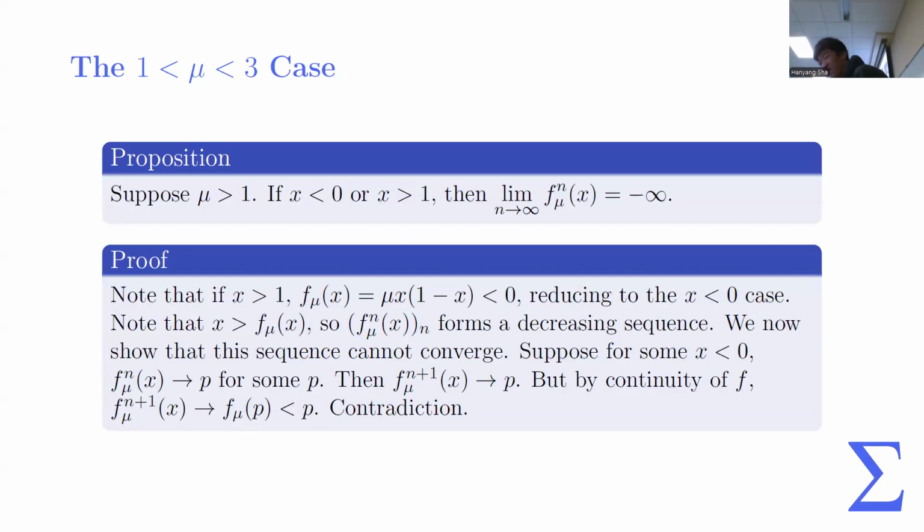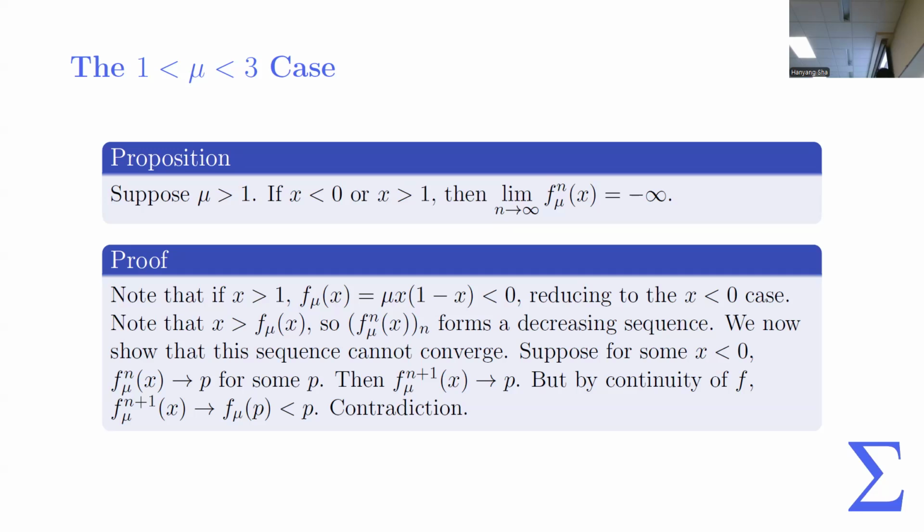So this is the first and immediate result we have. If mu is greater than 1, then if x is less than 0 or x is greater than 1, the orbit of x eventually goes to negative infinity. So what this means, actually the working marker, right? The function looks something like this.